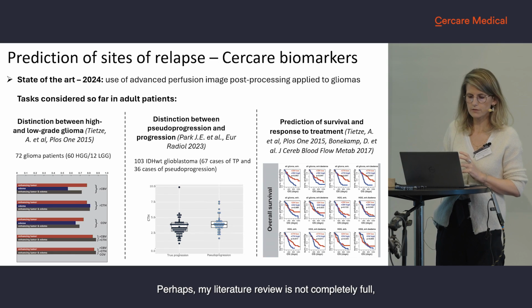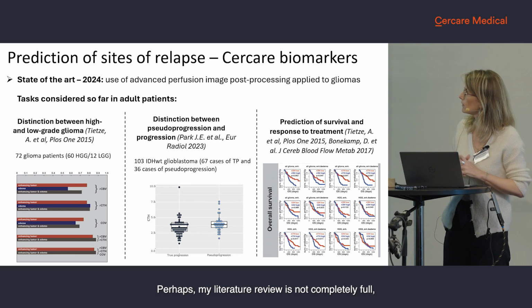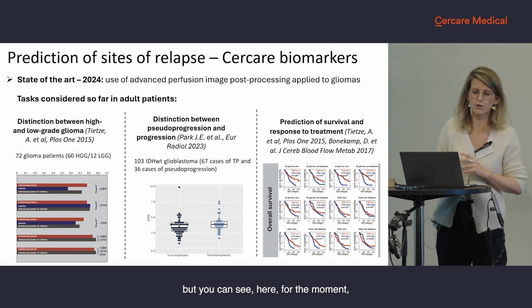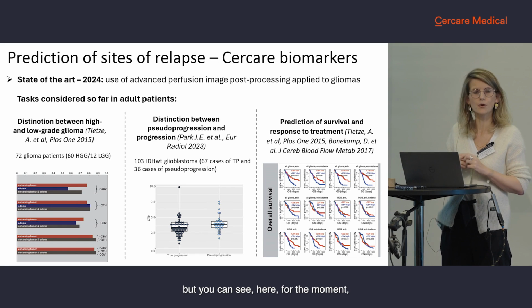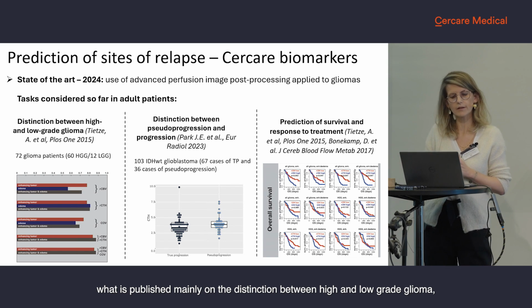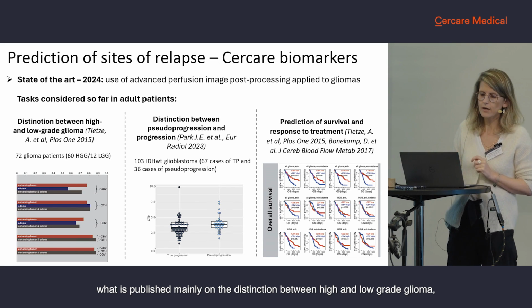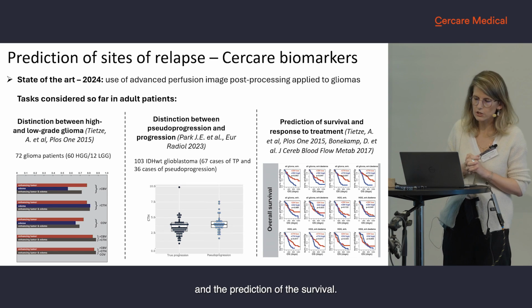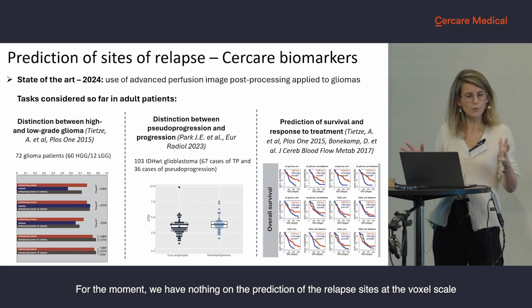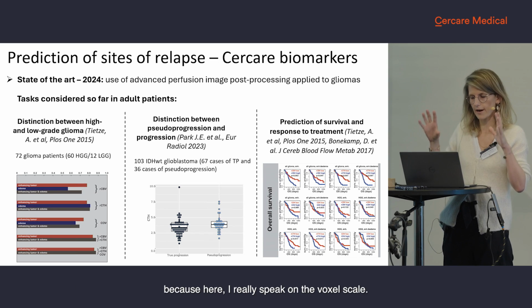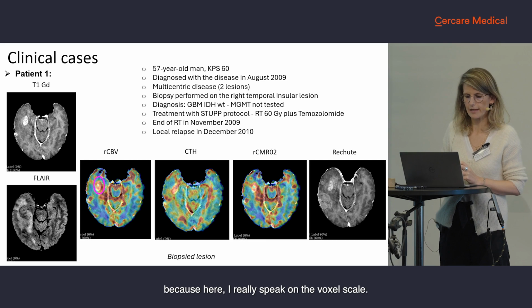Perhaps my literature review is not completely full, but you can see that for the moment what is published is mainly on the distinction between high and low-grade glioma, on the distinction between pseudo-progression and progression, and the prediction of survival. For the moment we have nothing on the prediction of relapse sites at the voxel scale, because here I really speak on the voxel scale.